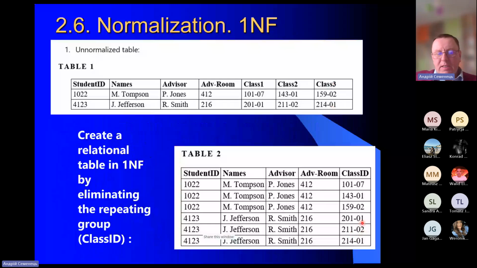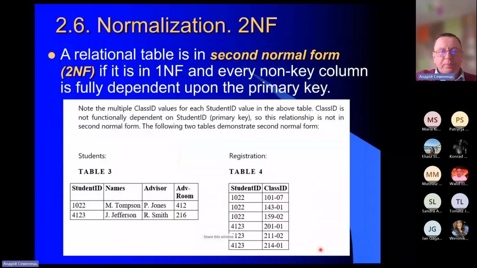So here we have first normal form, but we have multiple repetitions for student name, teacher name, room, and so on. So further normalization will include moving into second normal form, when non-key columns fully depend upon the primary key.